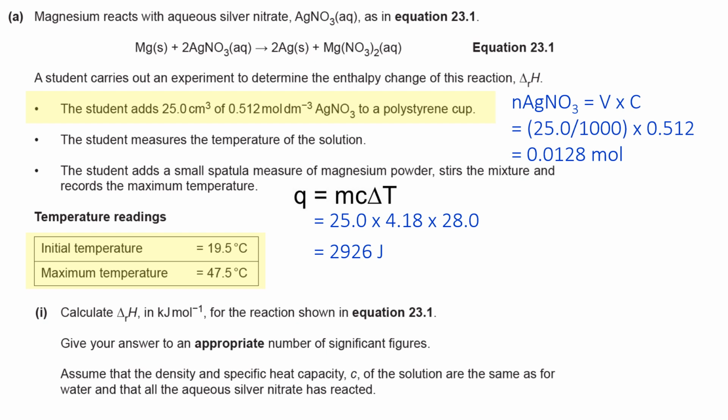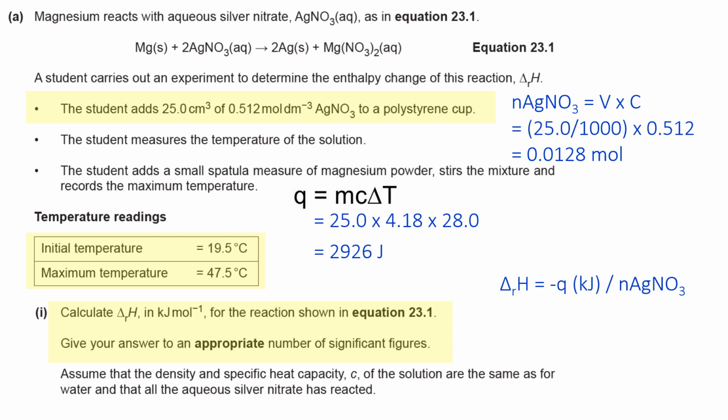So the next thing to do is to work out the number of moles of silver nitrate. Use volume times concentration because it's a solution. So it gives you 0.0128 moles. Then you have to calculate delta rH. So it's minus Q divided by the number of moles of silver nitrate.